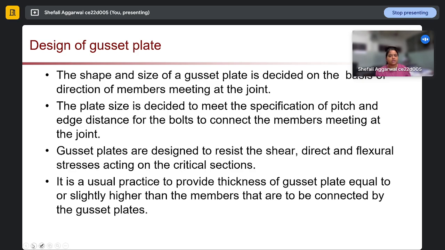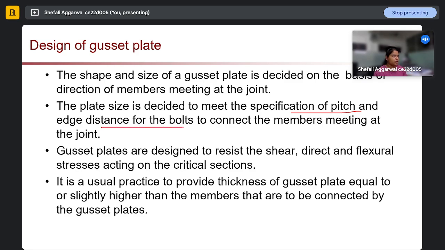Second, the plate size is decided to meet the specification of pitch and edge distance for the bolts to connect the members meeting at the joint. So firstly, the shape and size depend on the direction of members meeting at the joint. Second, the size is decided to meet the specification of bolt pitch and edge distance.